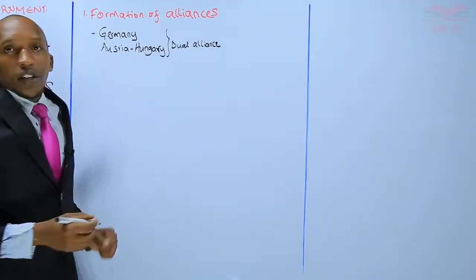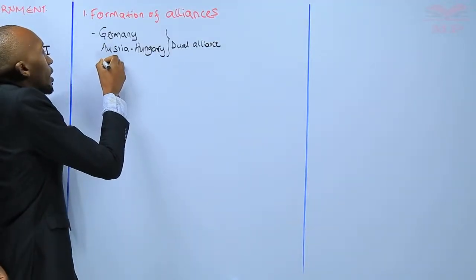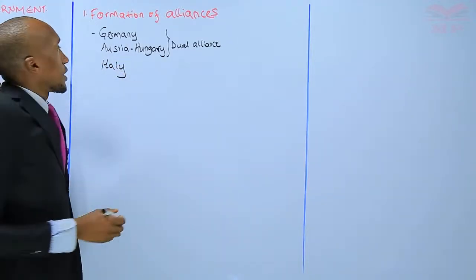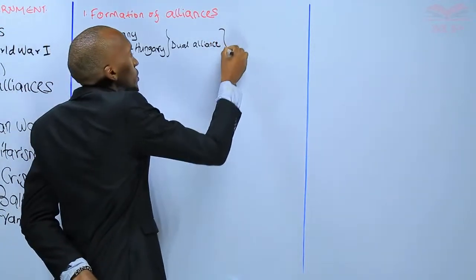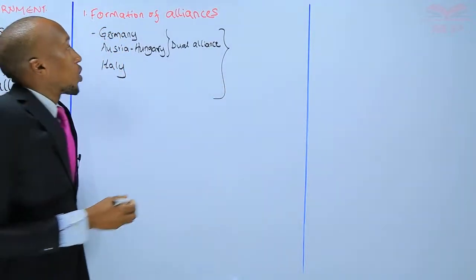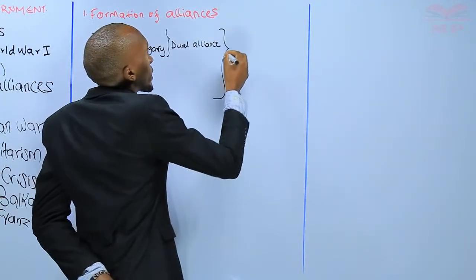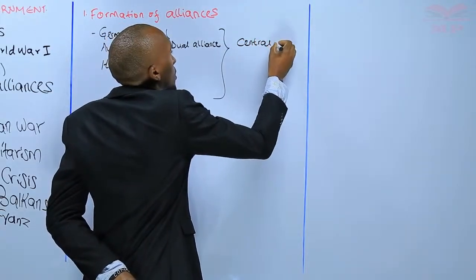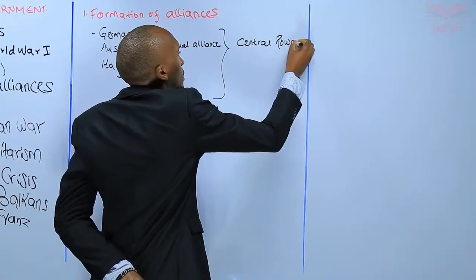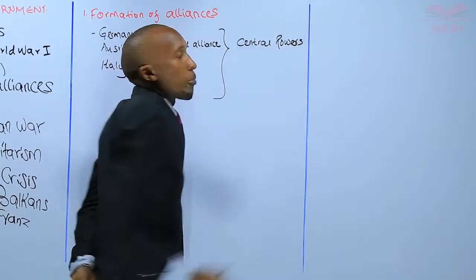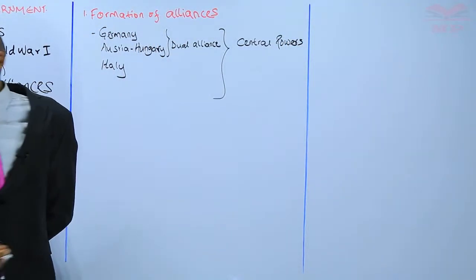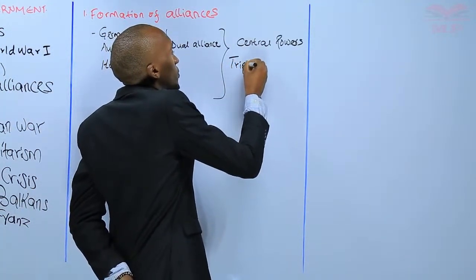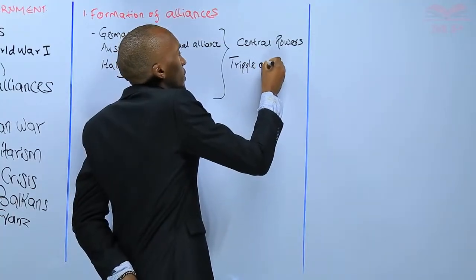But later on, they were joined by another country, Italy, and then the three of them formed what we call the Central Powers, or in other words, the Triple Alliance.